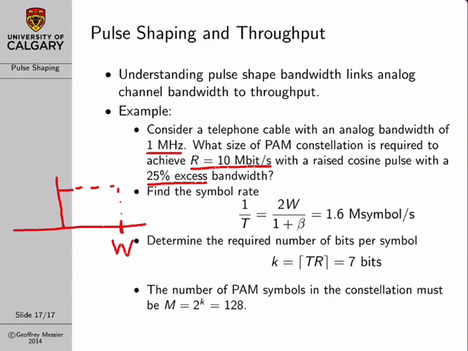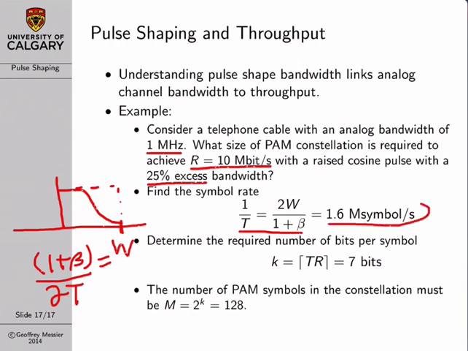And so we want our raised cosine spectrum to fit exactly within this 1 megahertz. And so we know the cutoff of our raised cosine spectrum is 1 plus beta over 2T. And if we set that equal to W and solve for 1 over T, which is what we're doing over here, we get a symbol rate of 1.6 megasymbols per second.